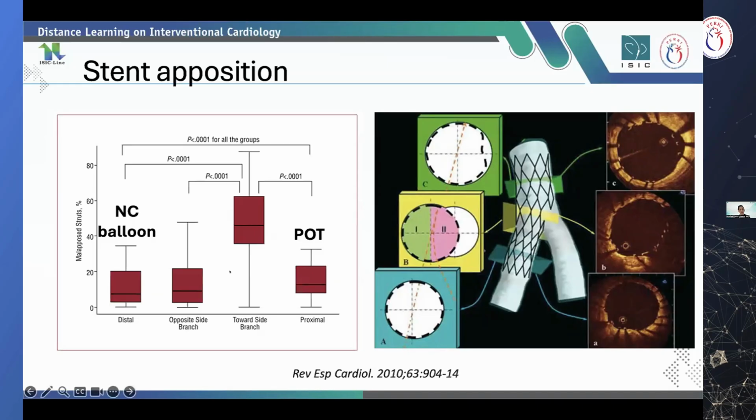But as you can see, on the side branch side, even in the proximal side of the main branch, slight malposition was seen, and also at the ostium of the side branch, stent malposition frequently happened like this.